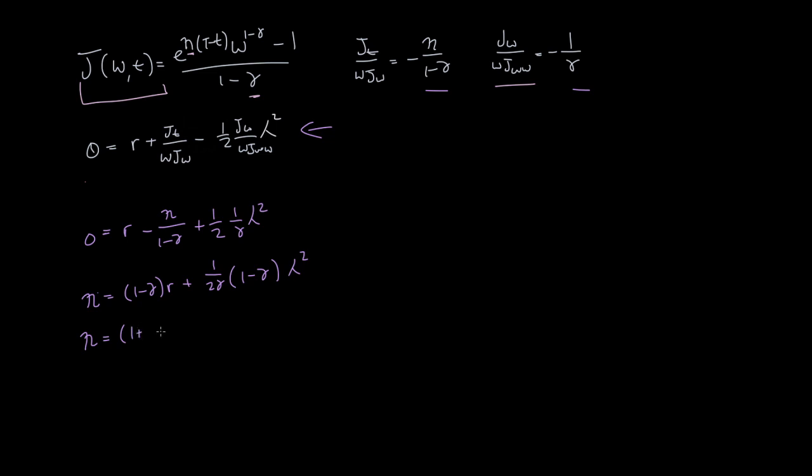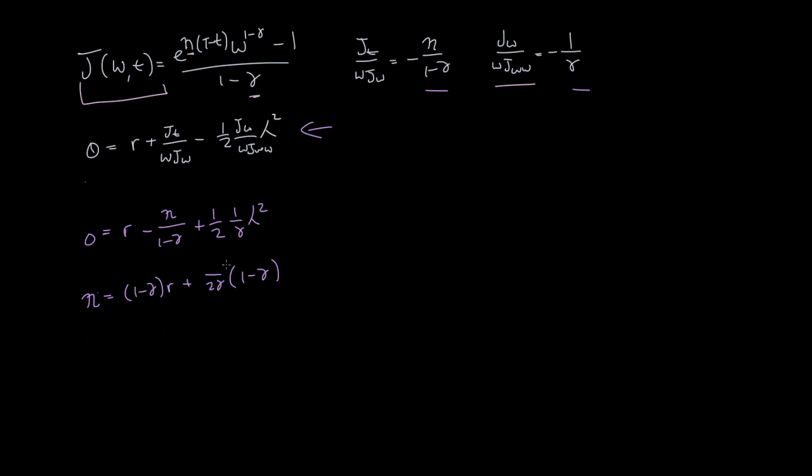Eta is 1 minus gamma times r plus, let's put the lambda together with this, 2, and then minus lambda squared over 2. Is that prettier? No, it's not prettier. So let's not do that. We'll just leave it like this. Let's put the lambda here and then leave it in this form. So that's our eta. Great.